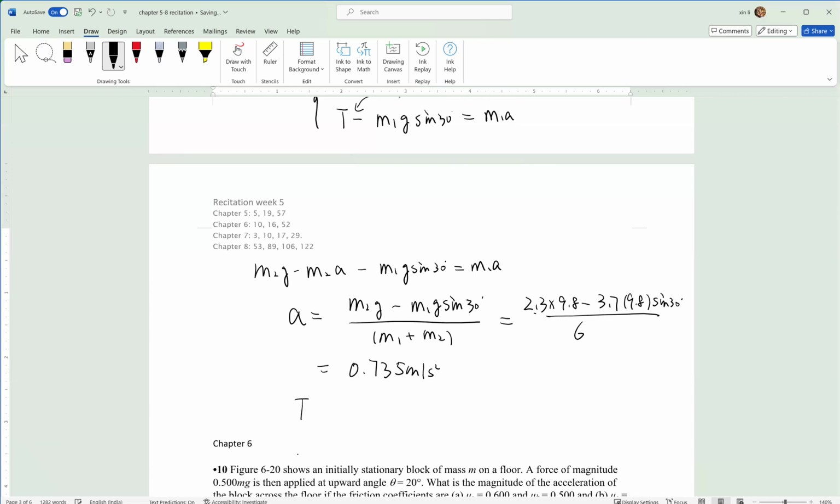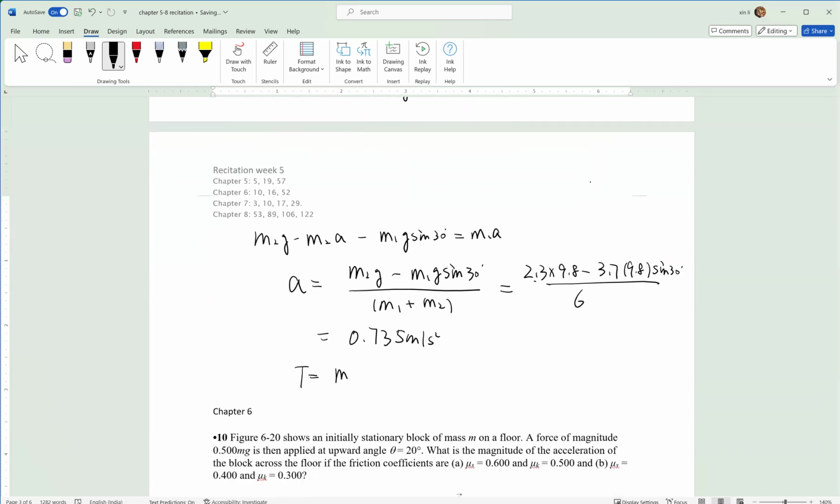And then you are going to get your tension. See here, tension is M2G minus M2A. So tension equals 2.3 times 9.8 minus acceleration 0.735, then you are going to get 20.8 Newton.